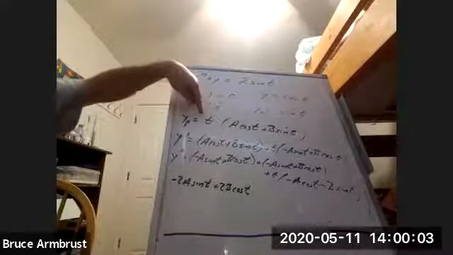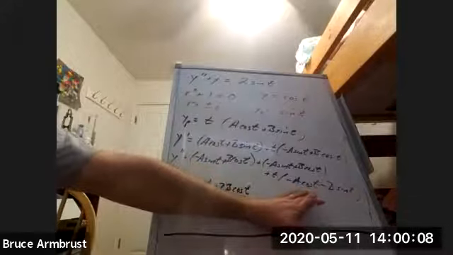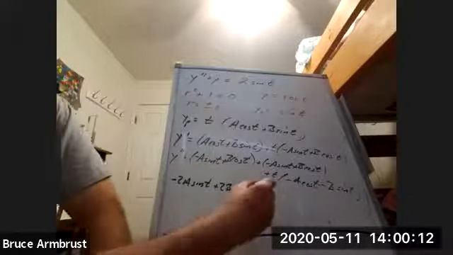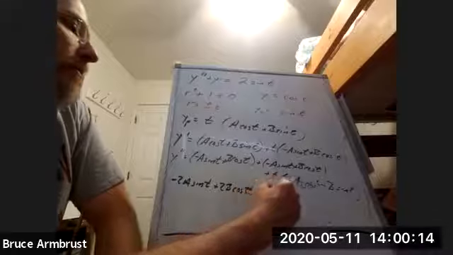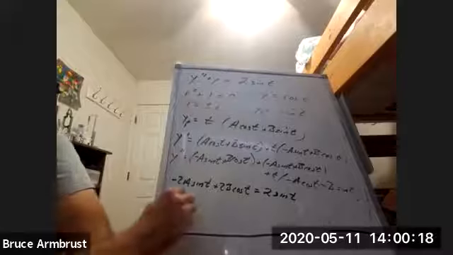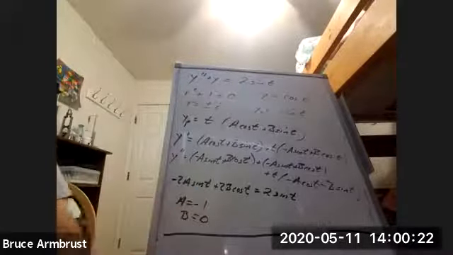And then when I take this yp, that piece plus this piece actually equals 0. They're opposite signs. So this has to equal 2 sine of t. So that makes a equal minus 1, b equals 0.